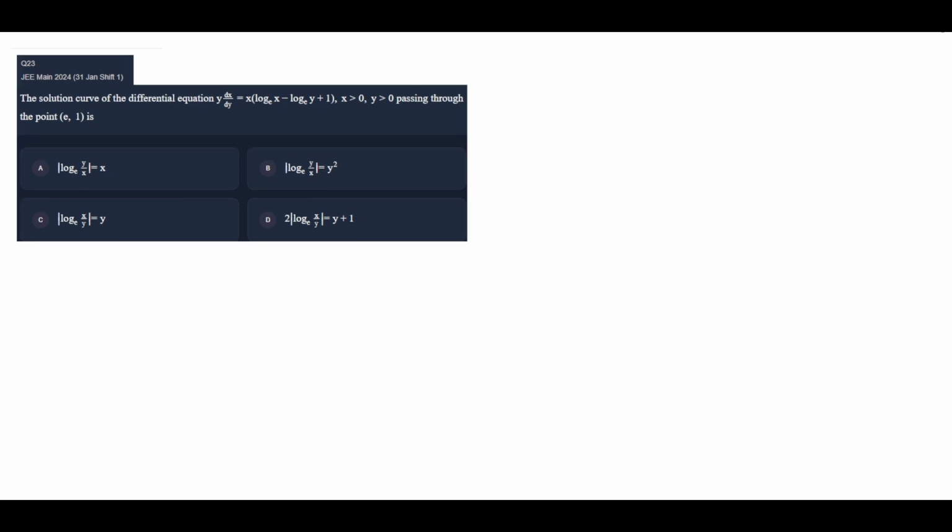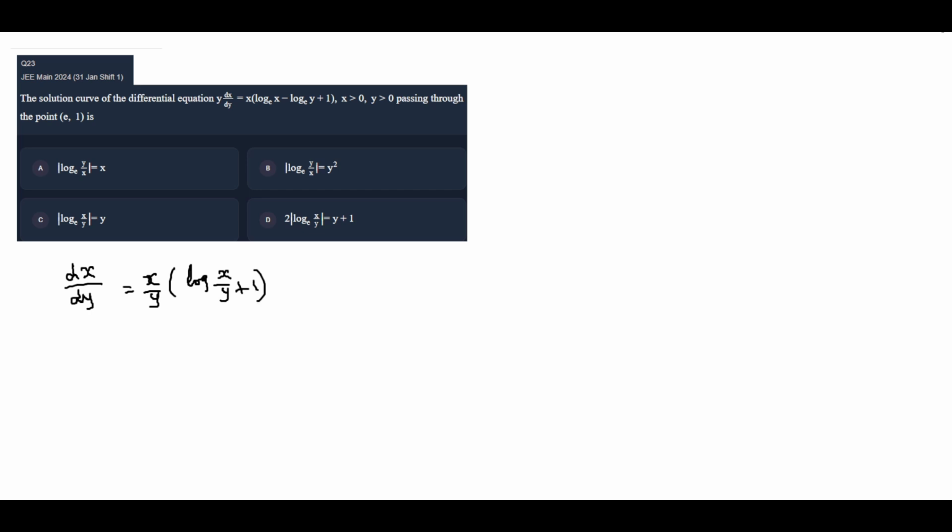Next question. Given equation is dx by dy equal to x by y into log of x by y plus 1.